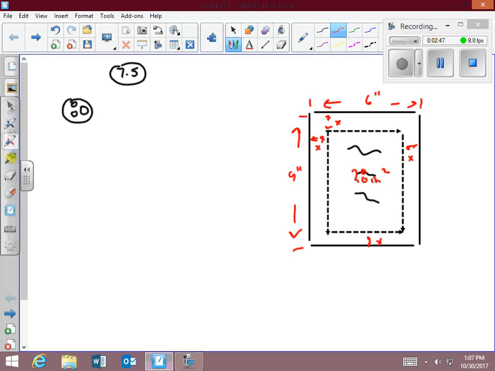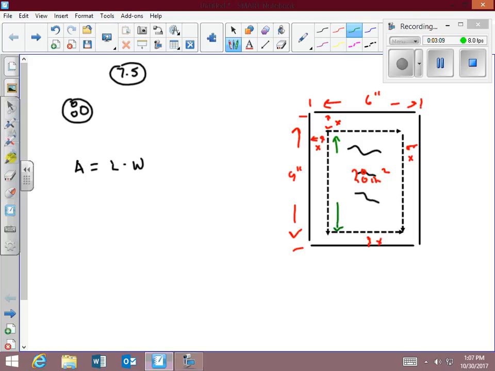is going to be put into the formula where you say the area is equal to length times width. But the length you're talking about is from here down to here.